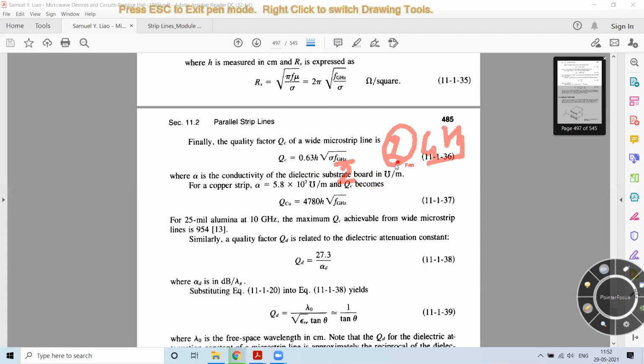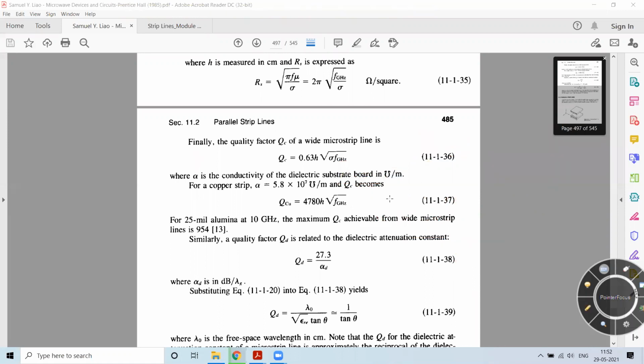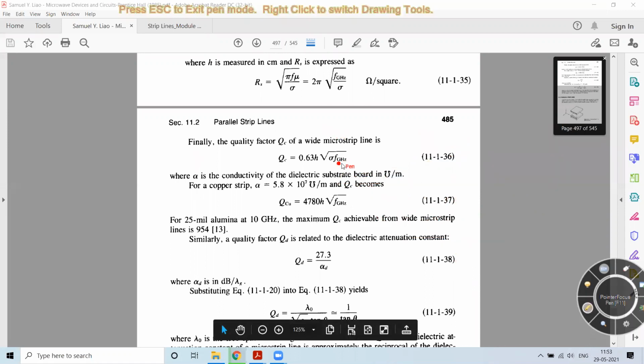If it is, say, 3.1 into 10 raised to 9 hertz, this is nothing but 3.1 gigahertz, so I'll substitute 3.1 over here. You have to specify F in gigahertz in this equation.